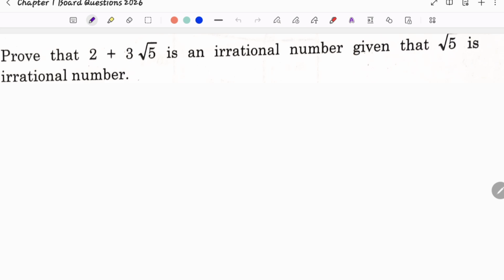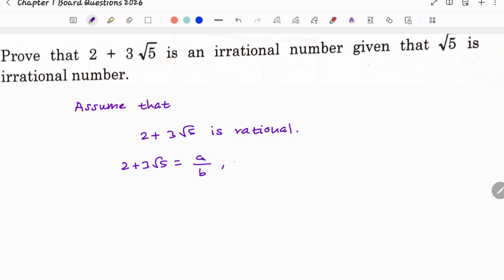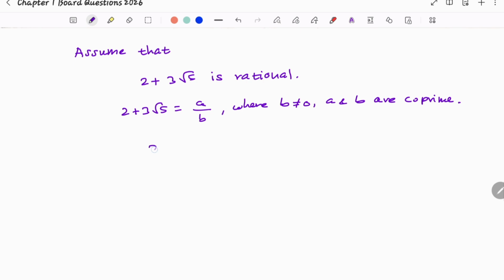First, assume the given number is rational. Then by the definition of rational numbers, we can express 2 plus 3 root 5 equal to a by b, where b is not equal to 0, and a and b are co-prime integers. Next, shift the plus 2 to the right side: 3 root 5 is equal to a by b minus 2.